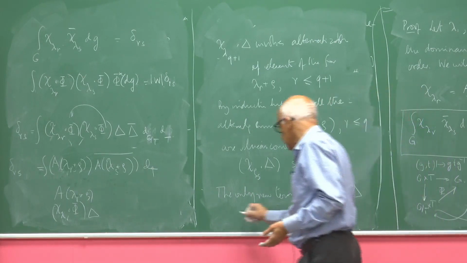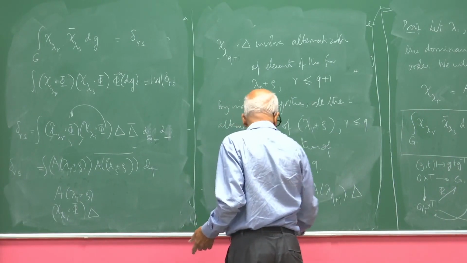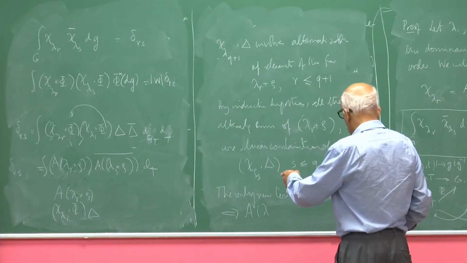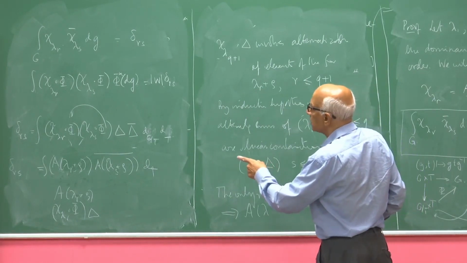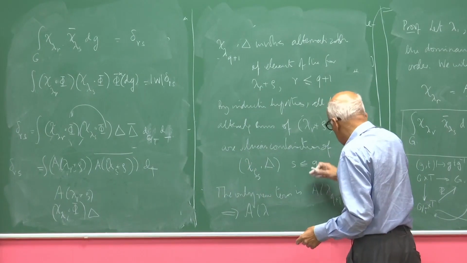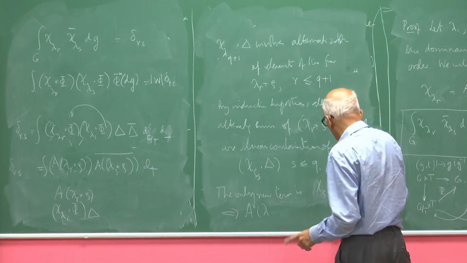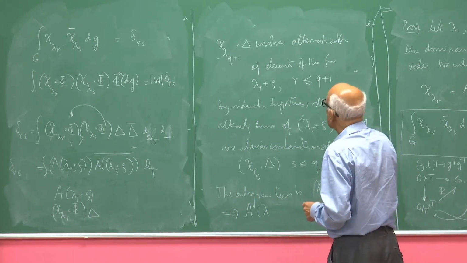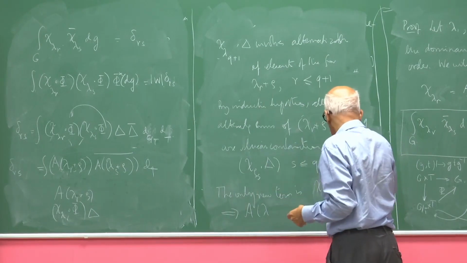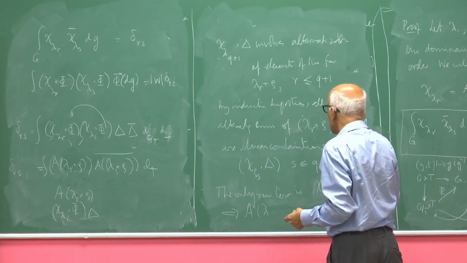So, sorry, I am not saying it right, the only new term is chi lambda q plus 1 times delta.